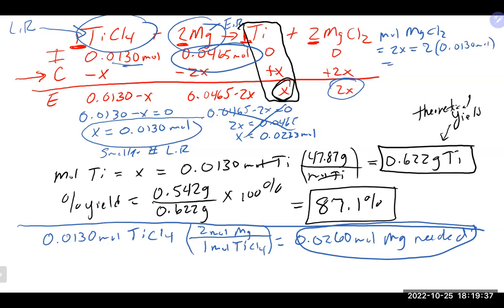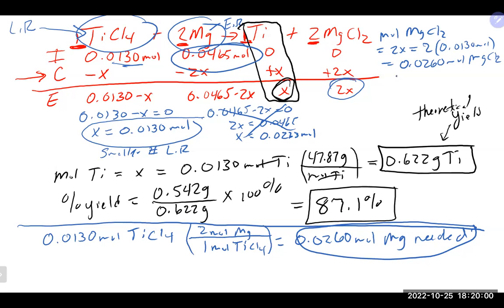And that would get us 2 times 0.0130, 0.0260 moles of magnesium chloride would be produced, and that would be the theoretical yield of magnesium chloride, which we also can convert to grams by using the molar mass.